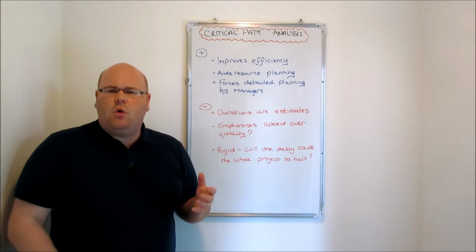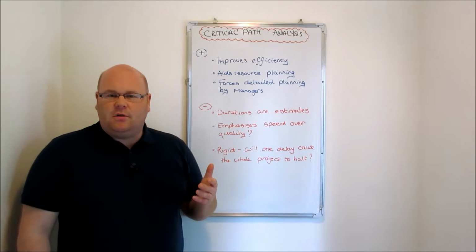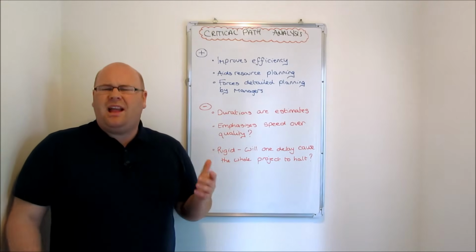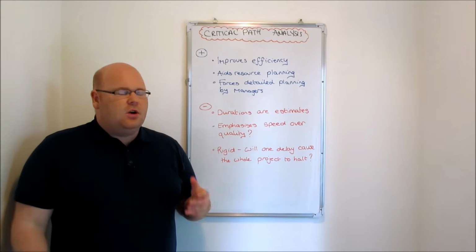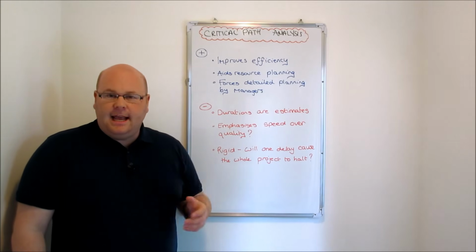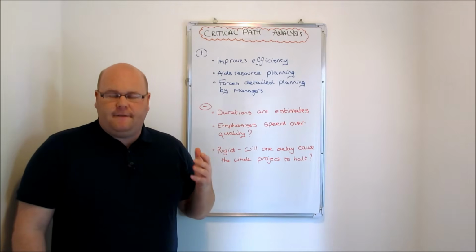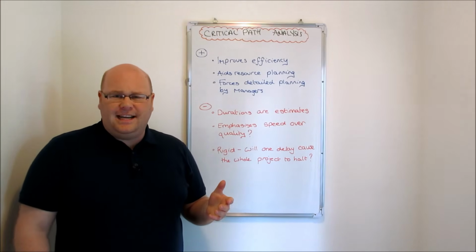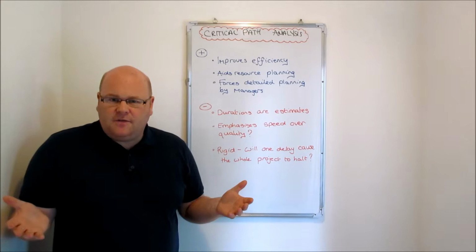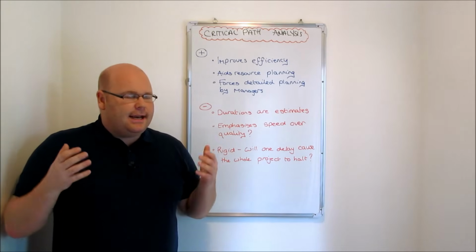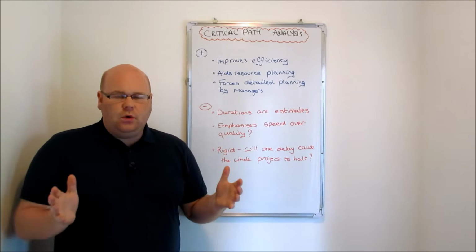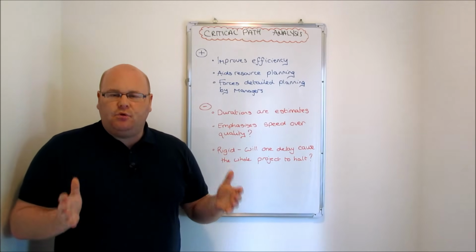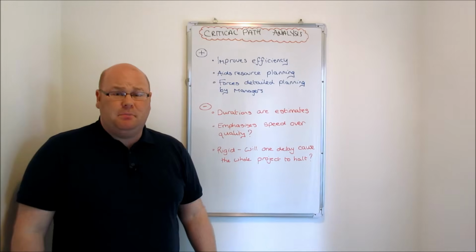So let's take a look at the core advantages of critical path as a concept first of all. And the one we should probably put front and center and start with is that critical path analysis is a means of improving efficiency in an organization. The very purpose of CPA is to try and help managers identify how they can shorten the length of time that a project is going to take to complete.